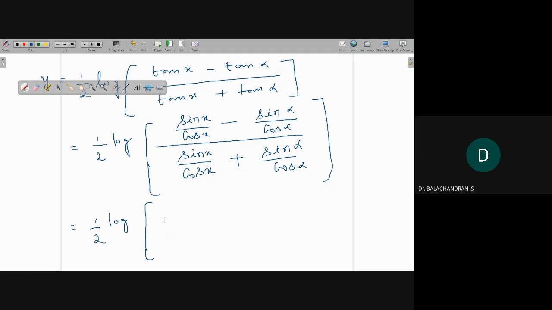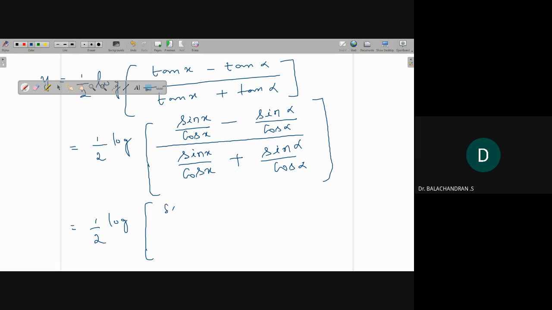Now here I am going to take LCM cos x into cos alpha in the numerator. Similarly, in the denominator, cos x into cos alpha. Then you can cancel cos x into cos alpha from both numerator and denominator.